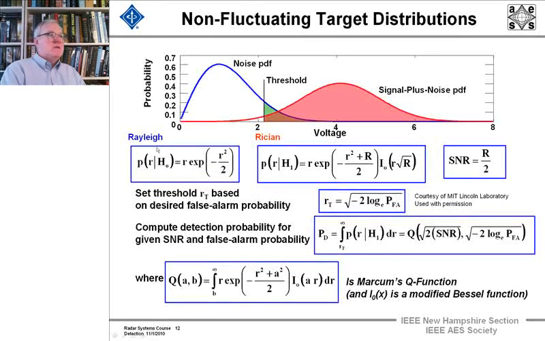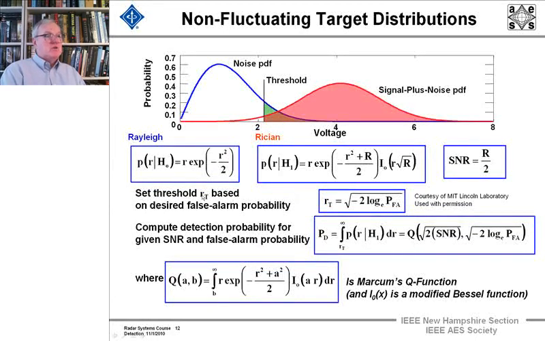The Rayleigh distribution is the noise voltage, and the distribution of signal plus noise, its probability density function, is Riceian, and this is an expression for it, and the signal-to-noise ratio is just R over 2 in these units.